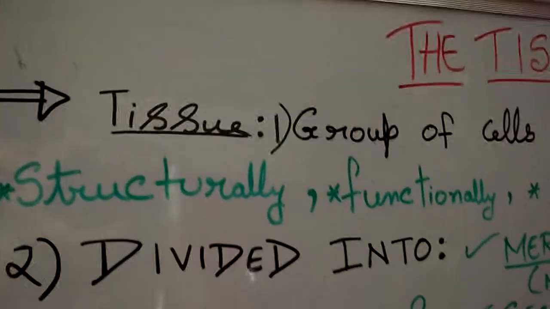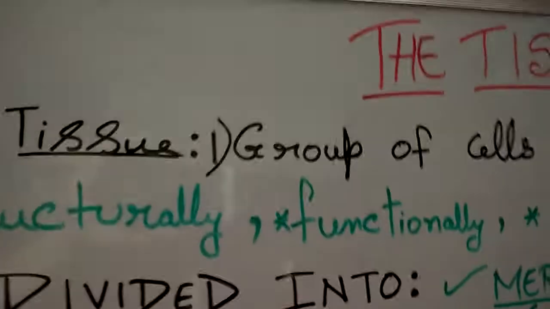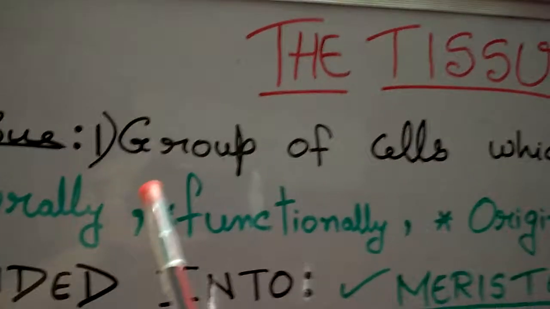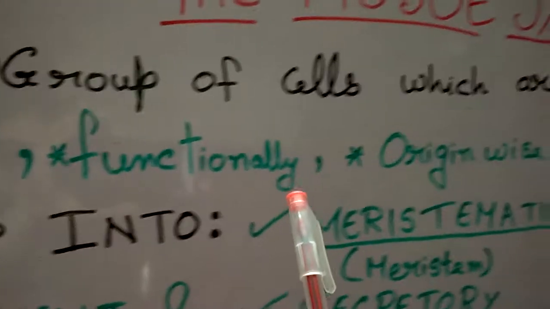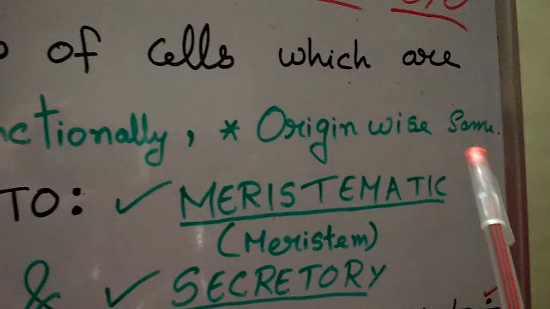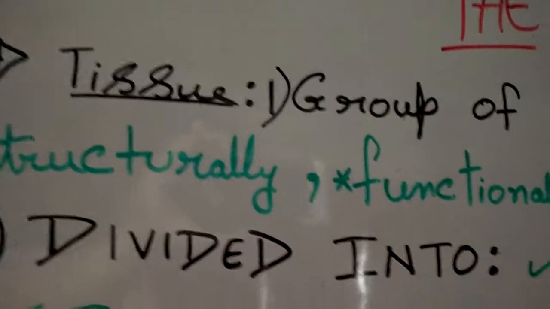So the first subheading is tissues, and the point is: a group of cells which are structurally, functionally and origin wise the same. So what is a tissue?